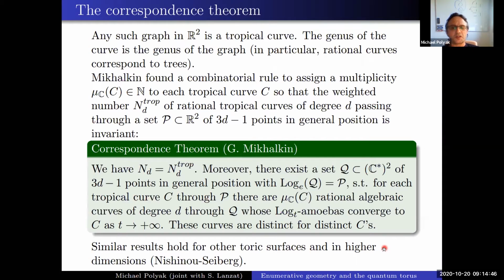Now, this is not specific only for plane curves, but similar results hold also for other toric surfaces. The only reason is that instead of the triangle, you should look at the other Newton polygons, and they also work in high dimensions. So it's a series of works of Nishinou-Siebert.